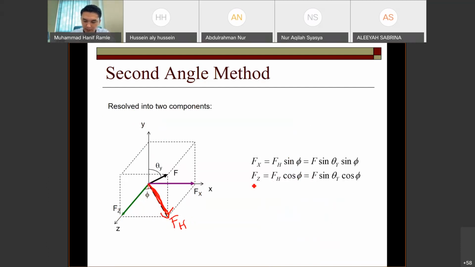So Fz equals Fh cos phi, and Fx equals Fh sine phi. Then you will get the answer for the components Fx, Fy, and Fz, and you can get the ijk form for the force.